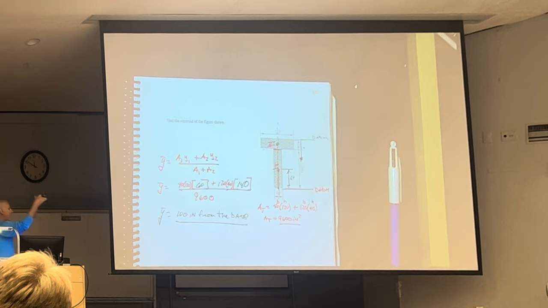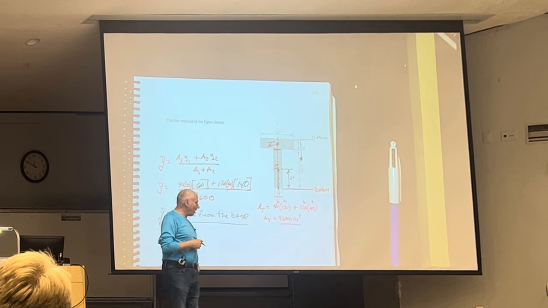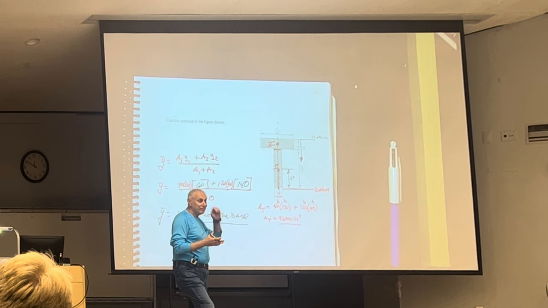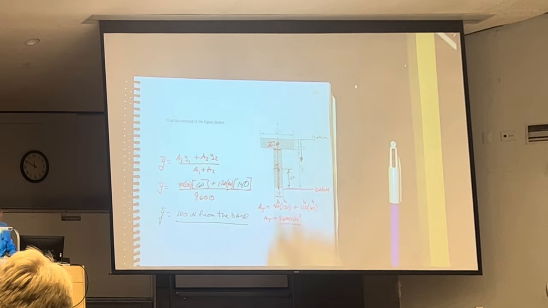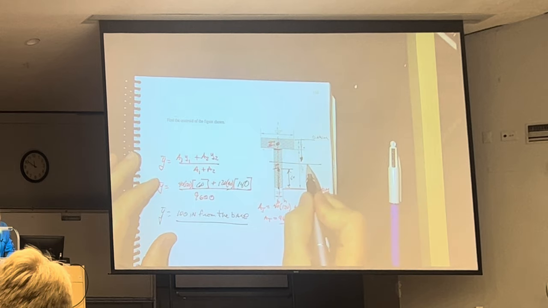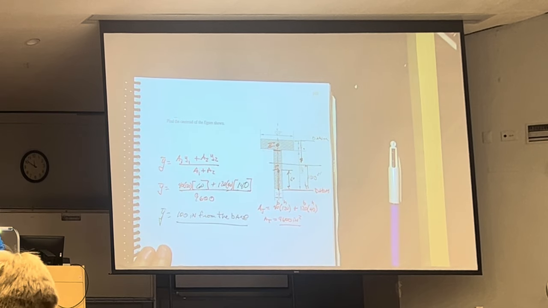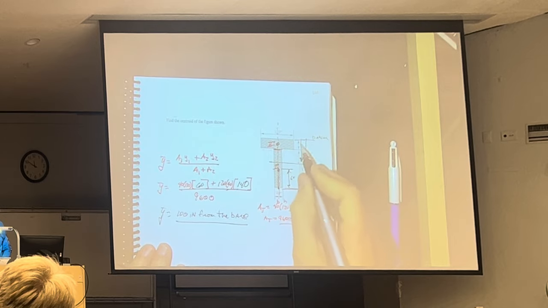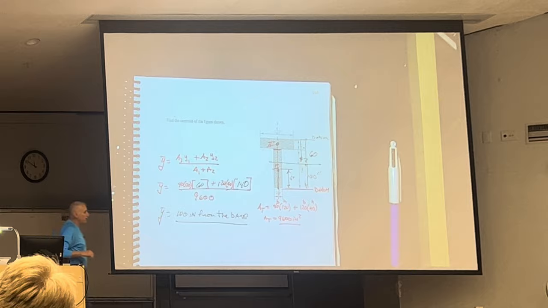Well, if I measure from the top down, what's my Y bar? It isn't going to be 100 inches. So here is my 100 inches from the base. What's left? Well, it looks like 20 plus 40. So from the top, it could be 60 inches.